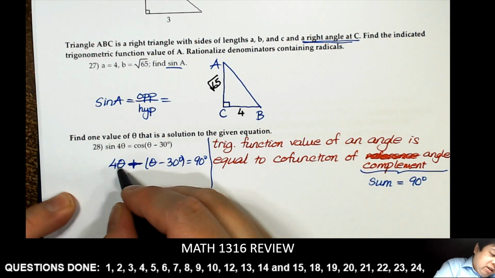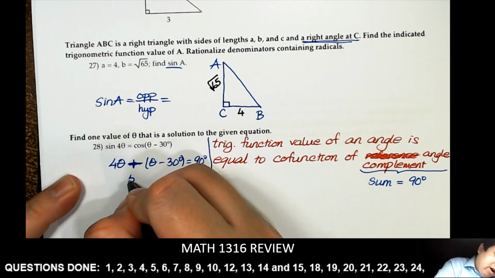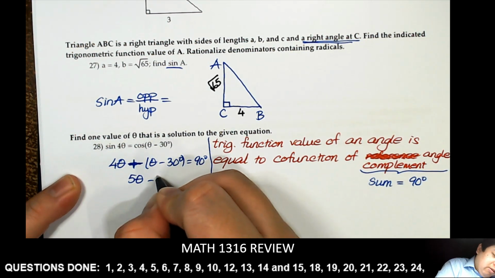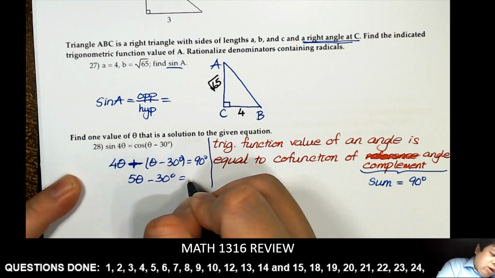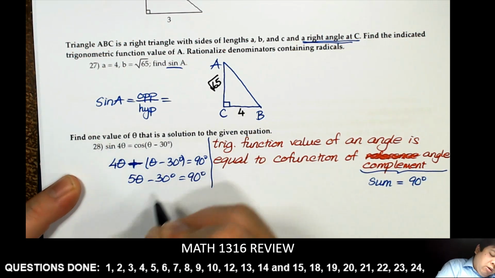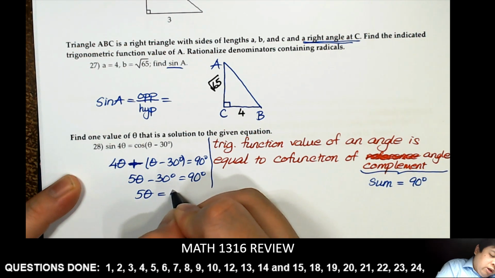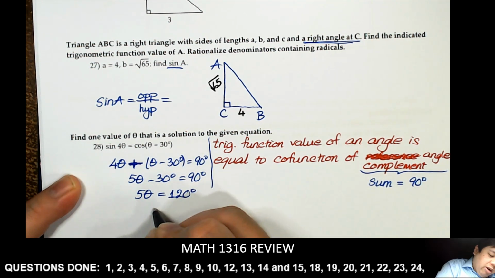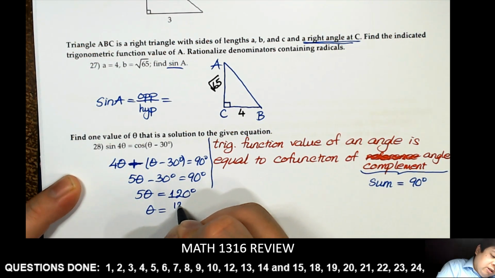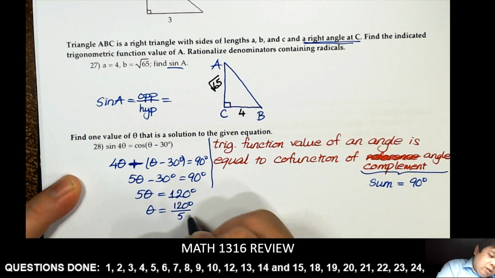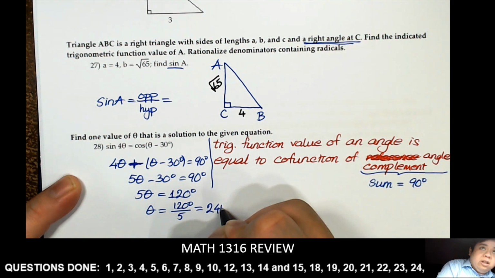Back to the math here. 4 theta plus theta, so that's 5 theta minus 30 equal to 90°. Add 30 on both sides. 5 theta equal to 120 degrees. Divide by 5, theta is 24 degrees.